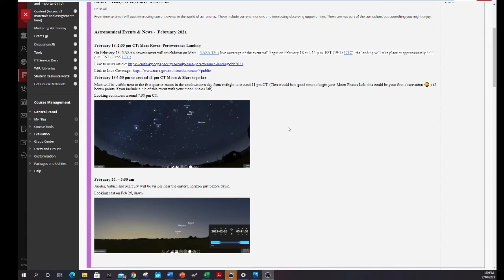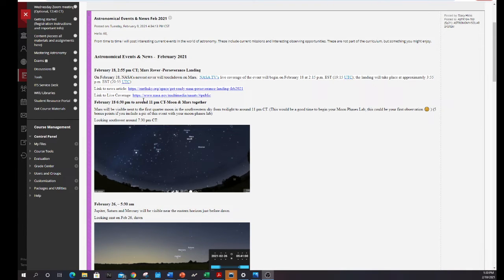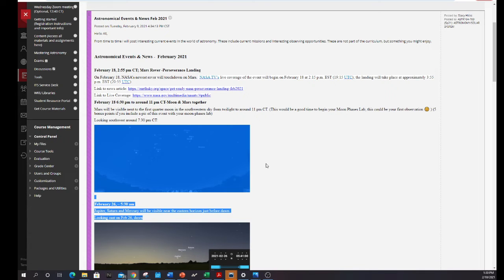This is the window that you can observe the moon at these times. I've also posted some important events that are coming up in the world of astronomy.